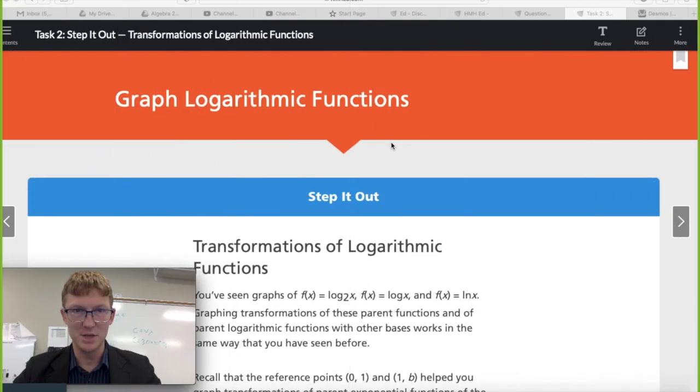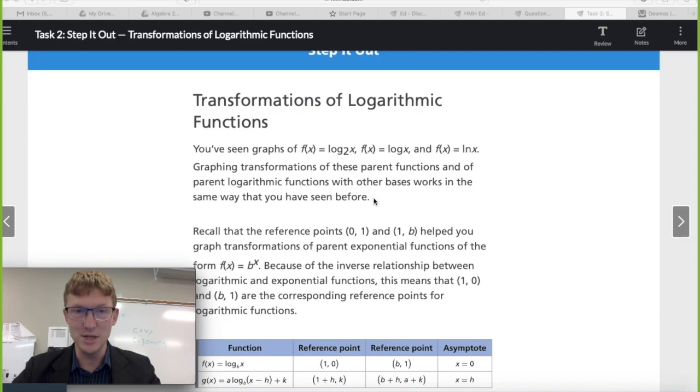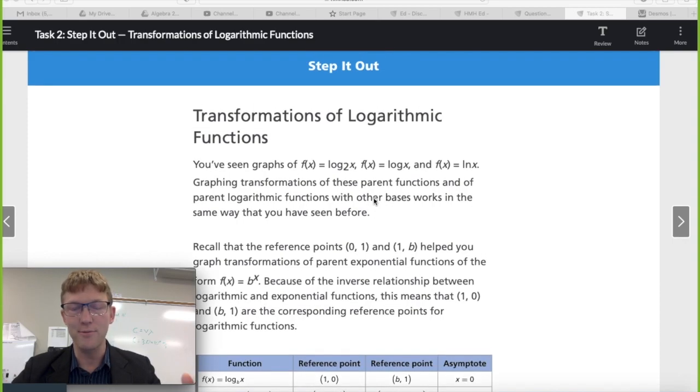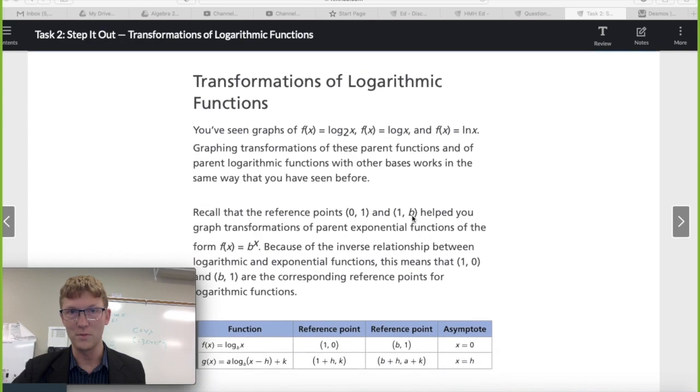Okay, let's actually get into it. So if we have our parent graph, just like we have in our exponents and all of our other graphs, we can have transformations and we can graph based on our parent graph and a little bit of information. So recall with our exponential growth functions, we had 2 reference points that we used.